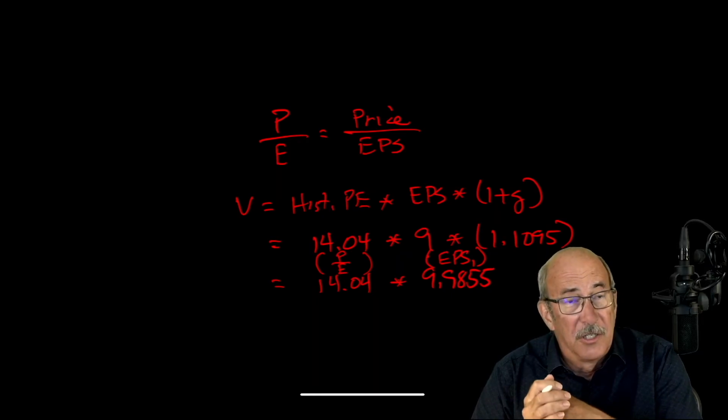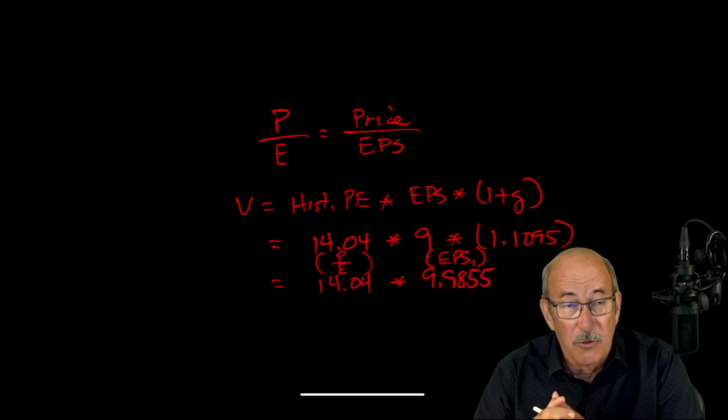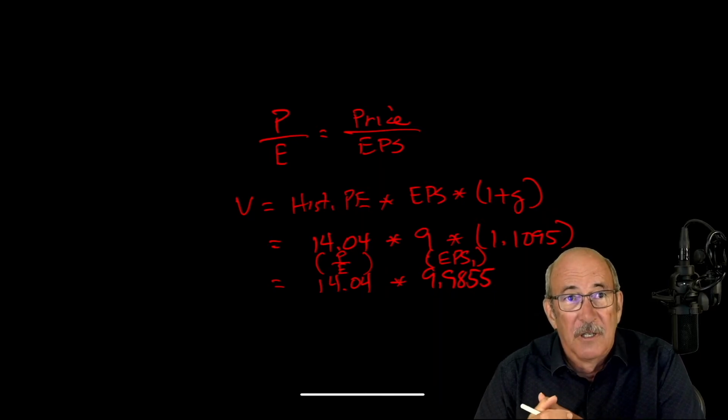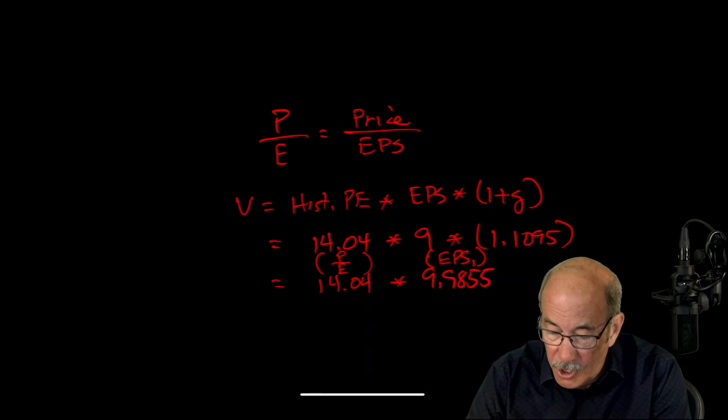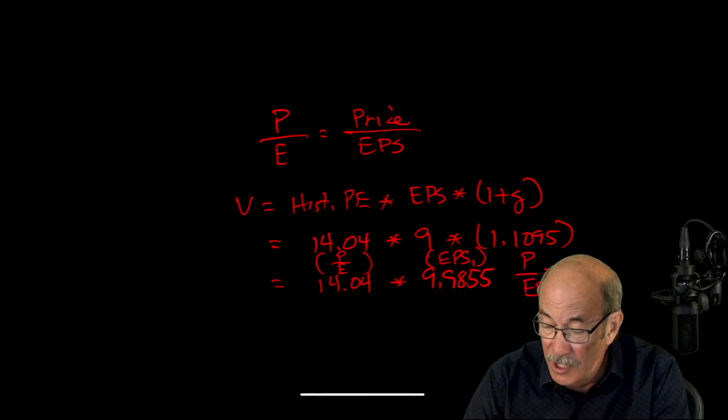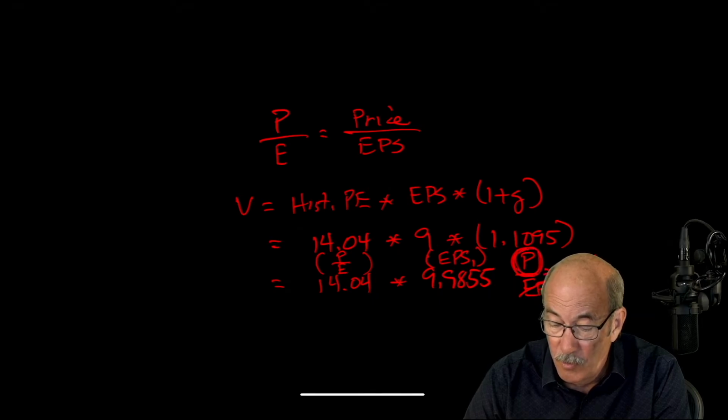So each dollar's worth of earnings will be valued in the marketplace at 14.04 times that $1. So if we look at this, just over here, P over E times, and by the way, that's EPS, right? Times EPS. EPS cancels, and we're left with price.